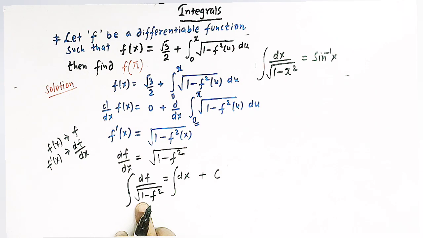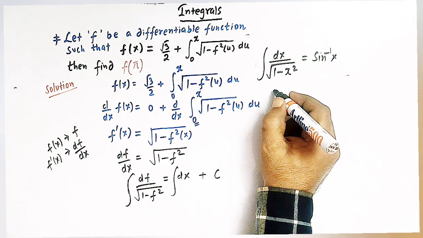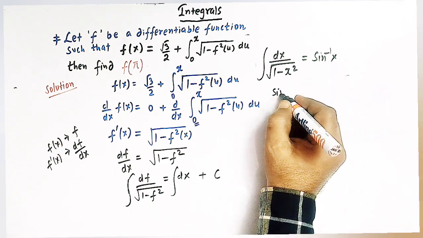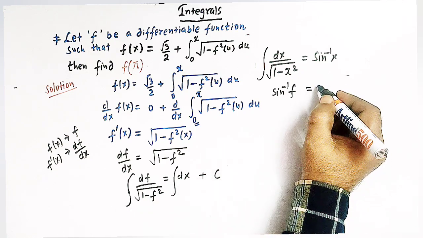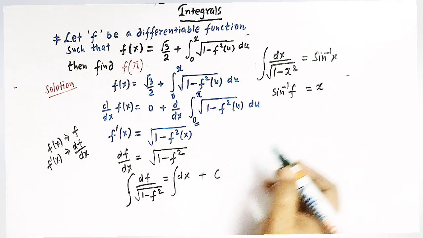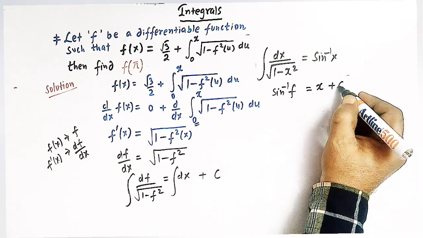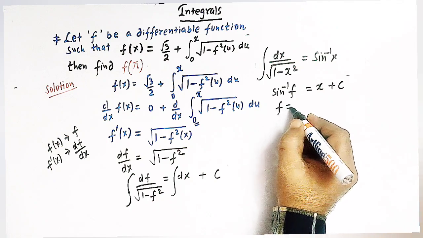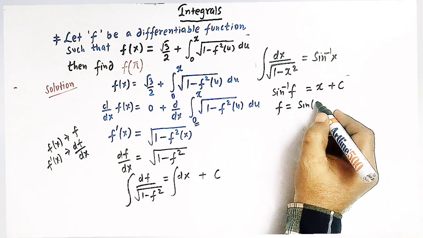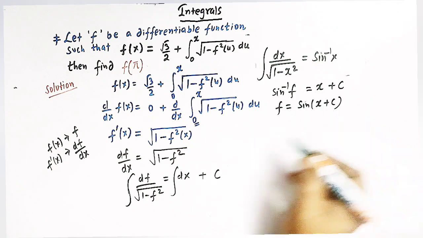So now the integral of df over square root of 1 minus f square is simply sine inverse of f, and on the right hand side we have simply x, the integral of dx is x, and c is the constant of integration. So now we can write f is equal to sine of x plus c.